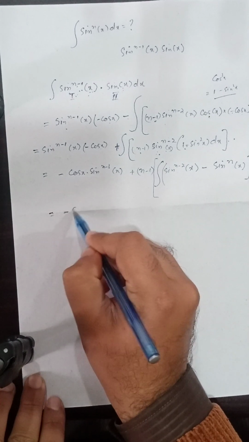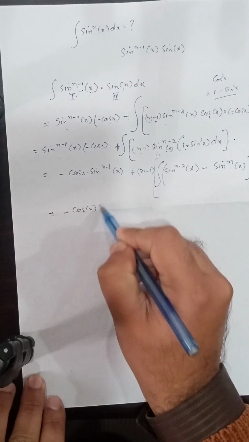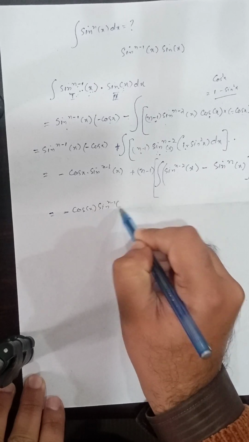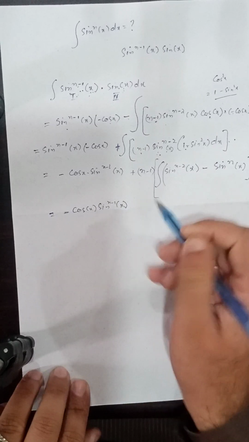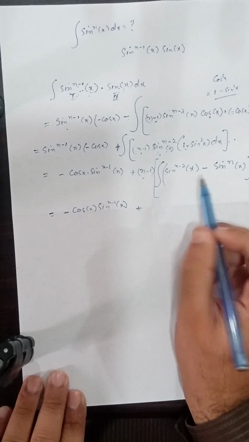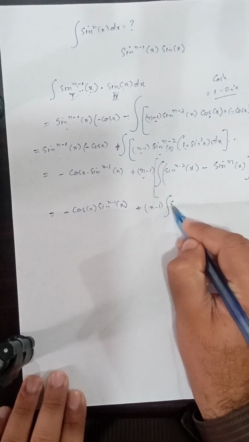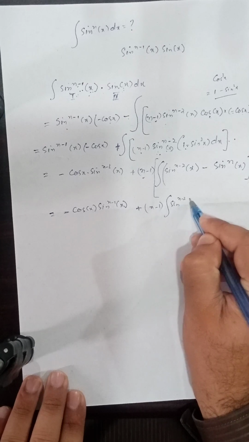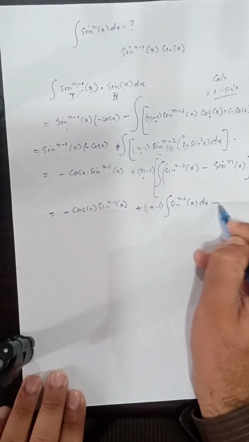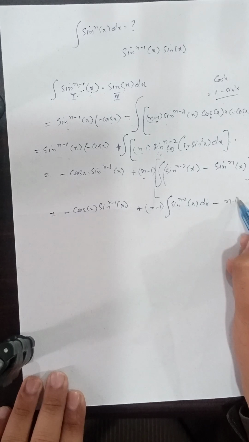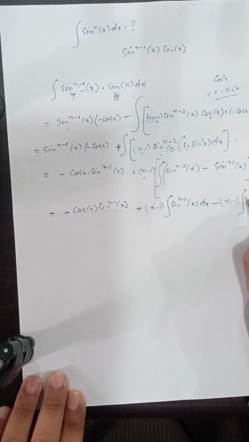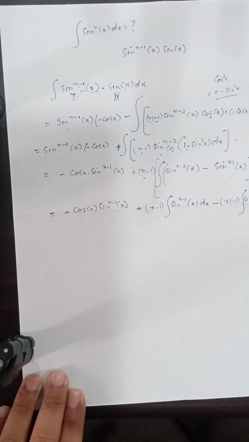So it is equal to minus cos of x sine power n minus 1 of x plus, now multiply n minus 1 to these two terms, n minus 1 integral of sine power n minus 2 of x dx minus n minus 1 integral of sine power n of x dx.